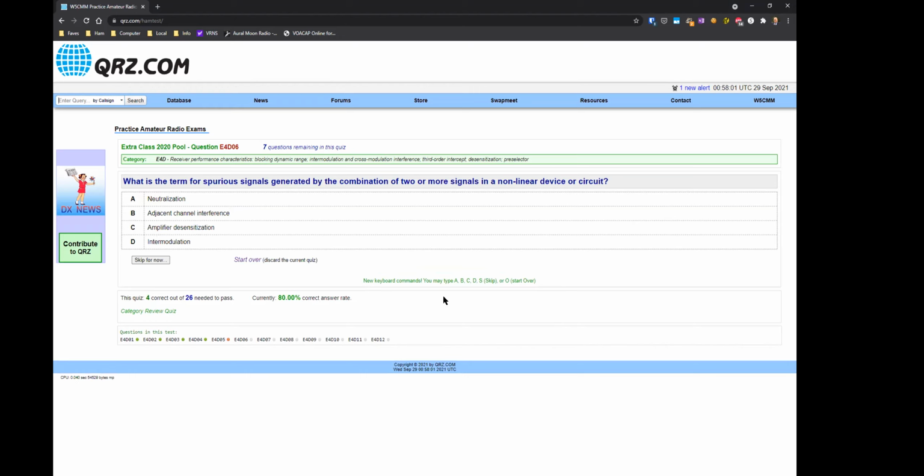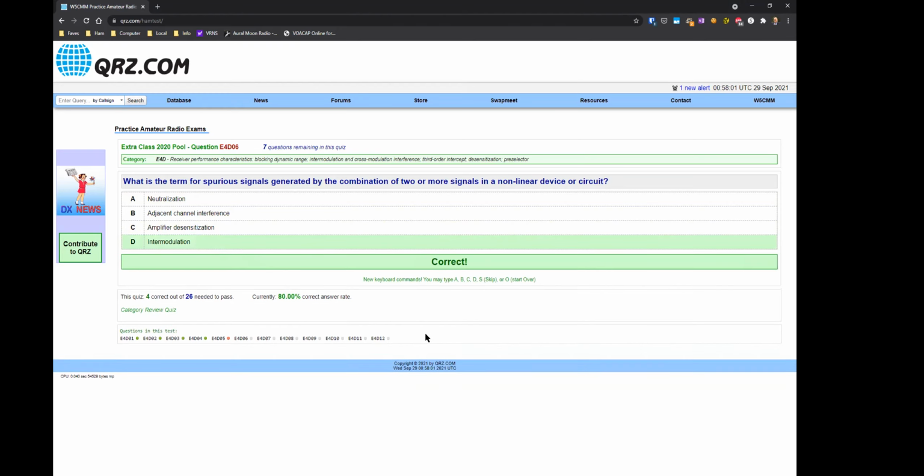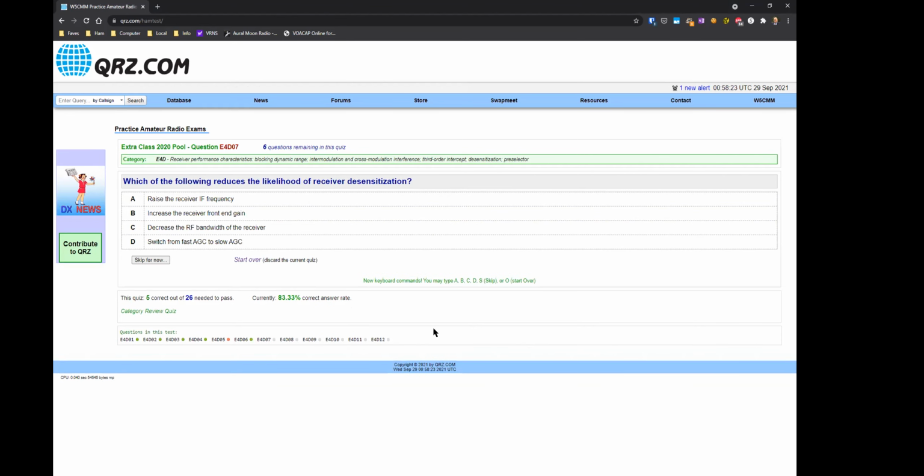What is the term for spurious signals generated by the combination of 2 or more signals in a nonlinear device or circuit? Intermodulation. Yeah, that's going to be intermodulation. D. Which of the following reduces the likelihood of receiver desensitization?